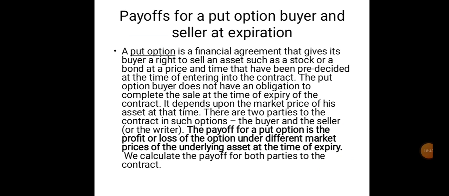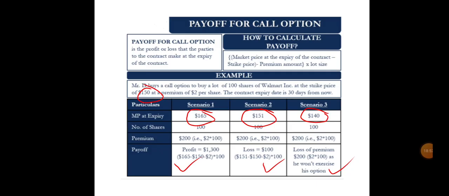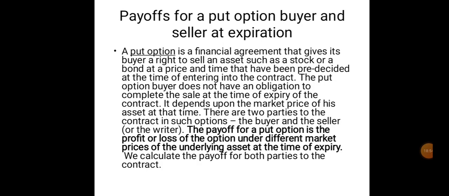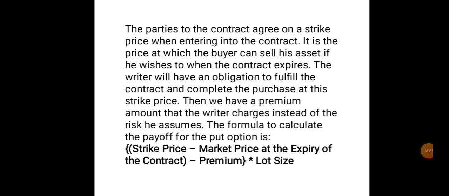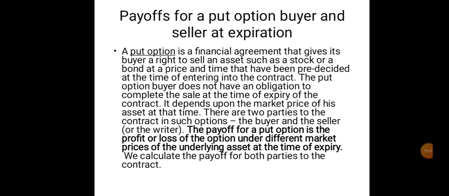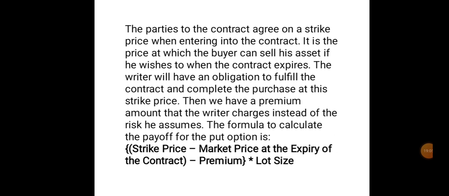Here is how you will consider this: in call option first we will take the market price, but if it is a put option then first we will take the strike price.